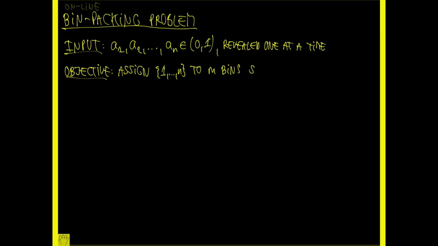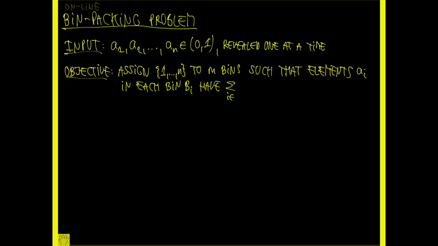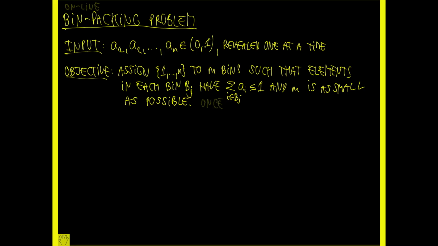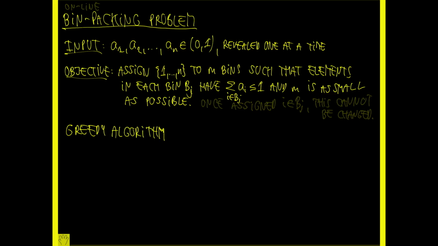The objective is to assign these items to bins, and we can create any number of bins m that we want, such that in each bin, the sum of the items in the bin is at most 1, that's the capacity of the bin, and m is supposed to be as small as possible. So we have to arrange them in the bins so that no bin is overfull, and we have as few bins as possible. In the online setting, once we have assigned an item to a bin, we cannot change the assignment.